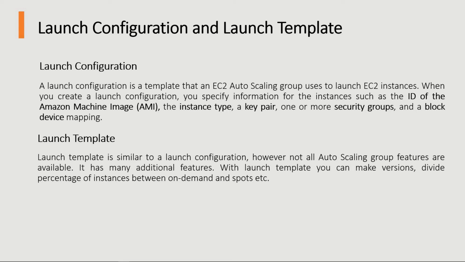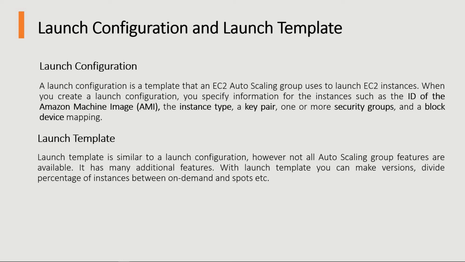There are a few more things which support launch template as well. It says that not all auto scaling group features are available in launch configuration, but are in launch template. Since it is the updated one and launch configuration is the backdated one, not all auto scaling group features are available.